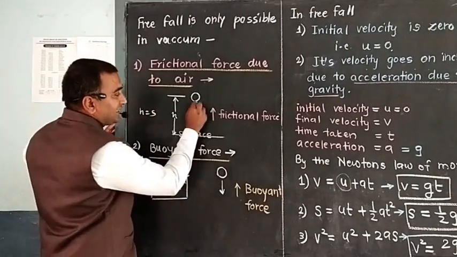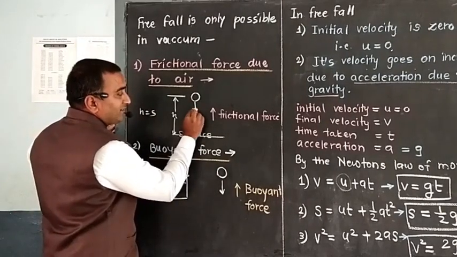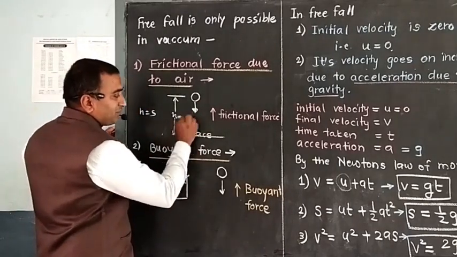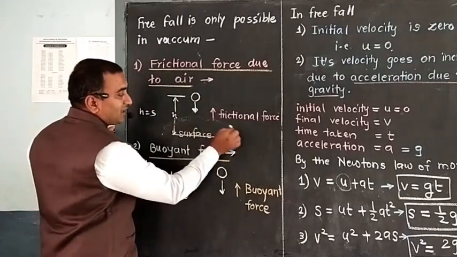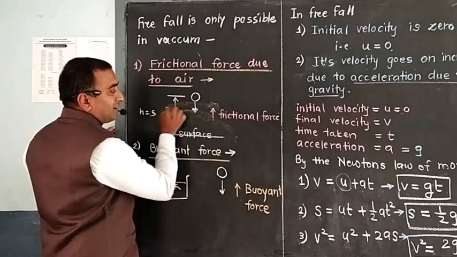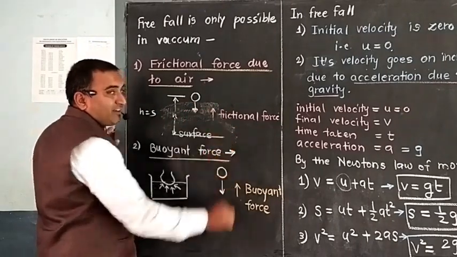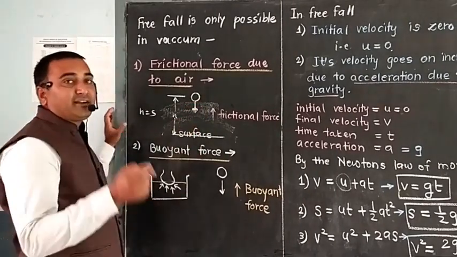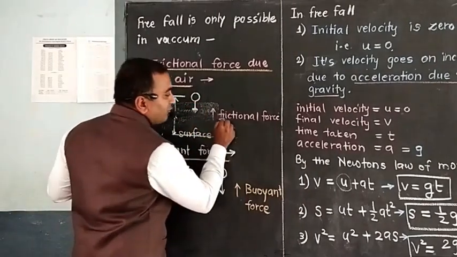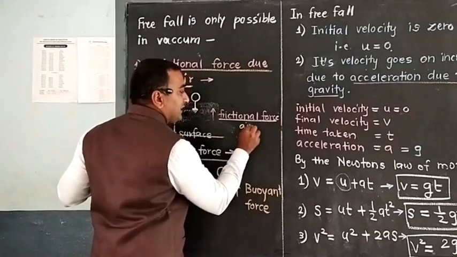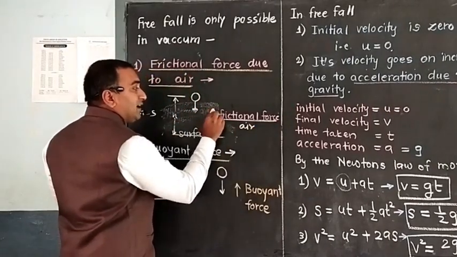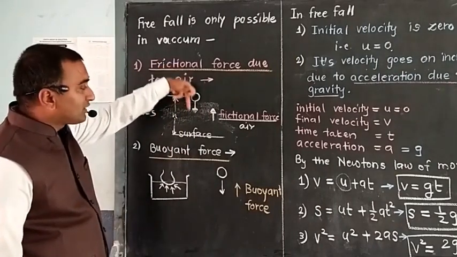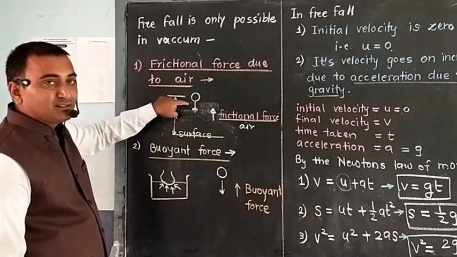When the object is under the influence of gravity and coming downward, this planet is surrounded by air, that is the atmosphere. While the object travels through the atmosphere, definitely the frictional force of air works upward, that means opposite to the direction of velocity of the object.